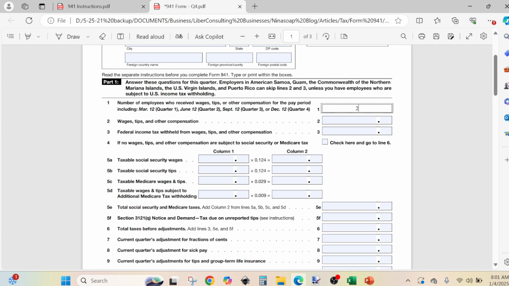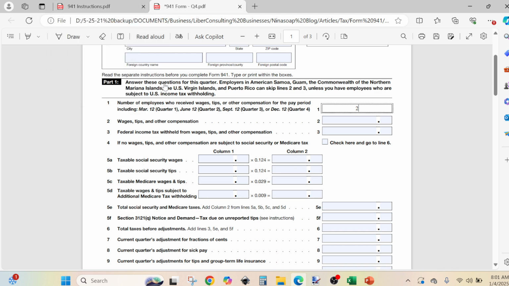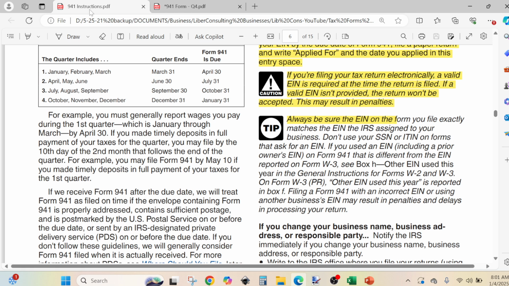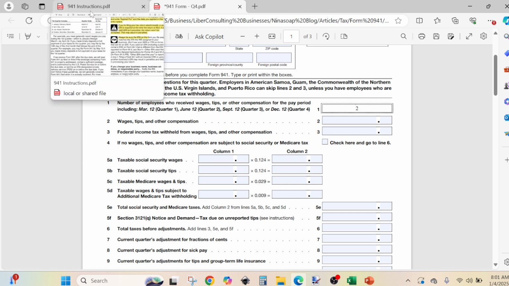And again, it is good to have the instructions out, skim through them, and highlight things that are important for you. That way, as you complete the form, you can just check. Since that's something you have to file for throughout the year, it might be a good idea for the new year to save the current year instructions.